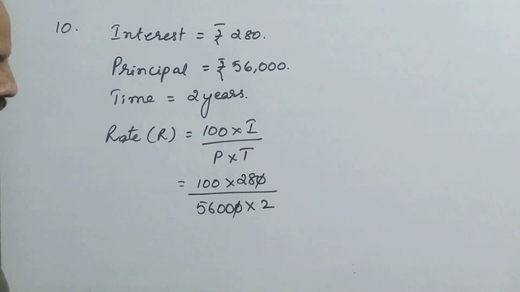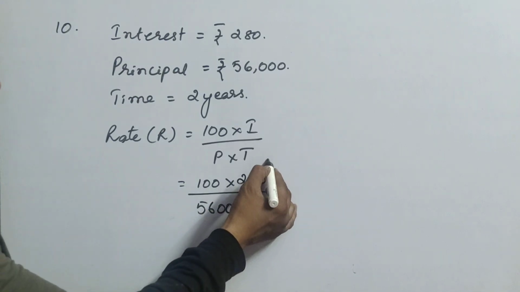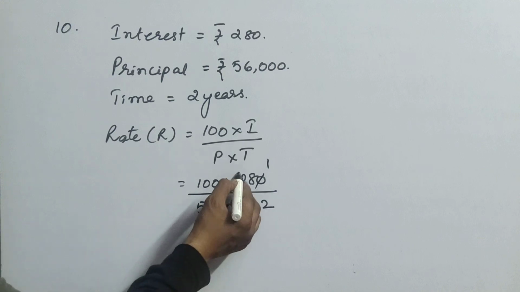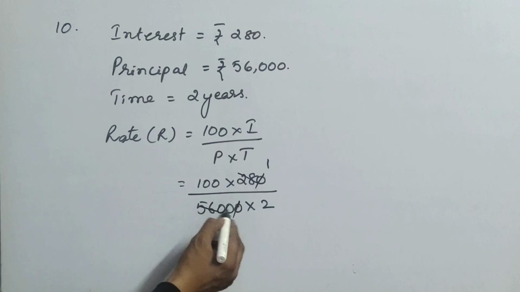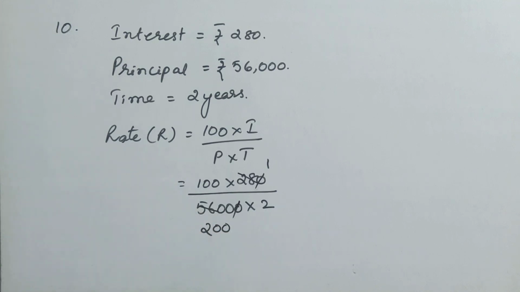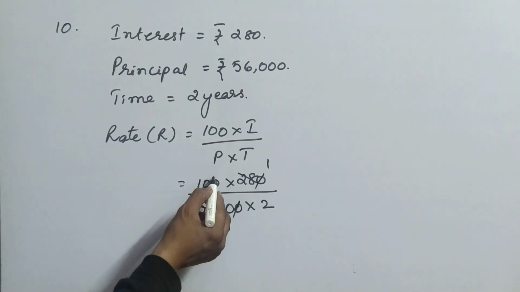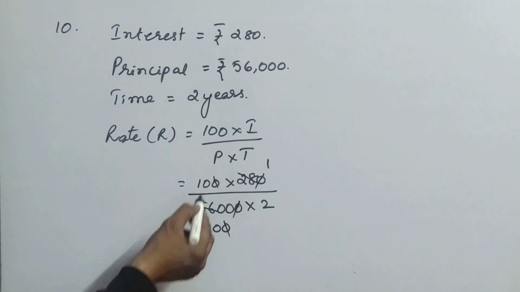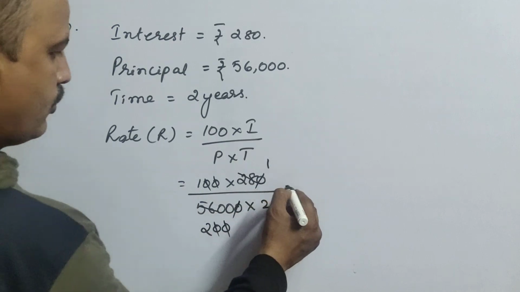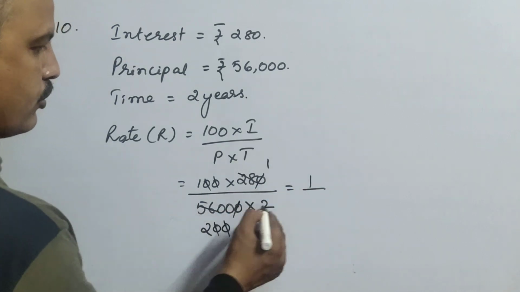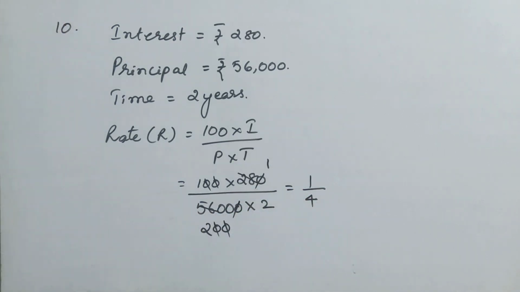0 0 get cancelled. 28 ones are 28, 28 twos are 56, and these 2 zeros are left. Then this 0 gets cancelled, this 0 gets cancelled. So 1 by 2 2s are 4. So rate of interest is 1 by 4.